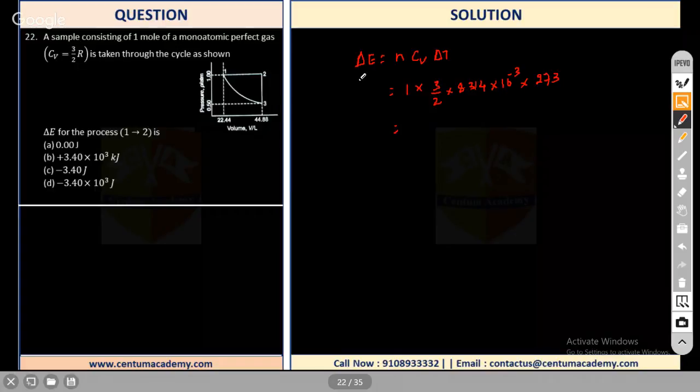Are you getting 10 to the power 3 or 10 to the power minus 3?